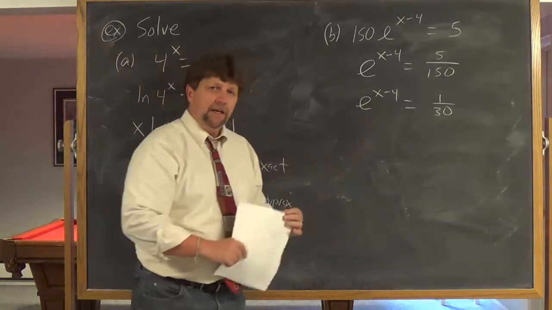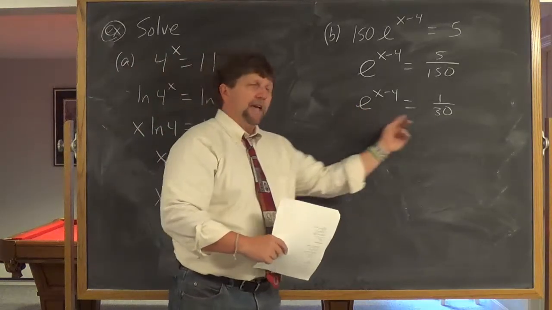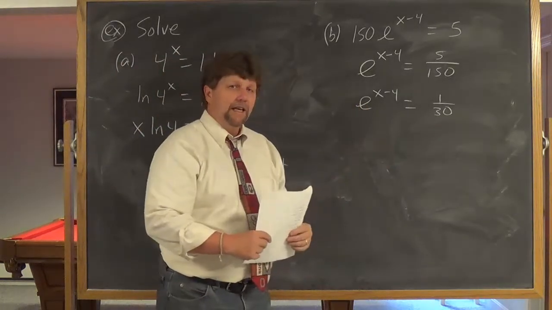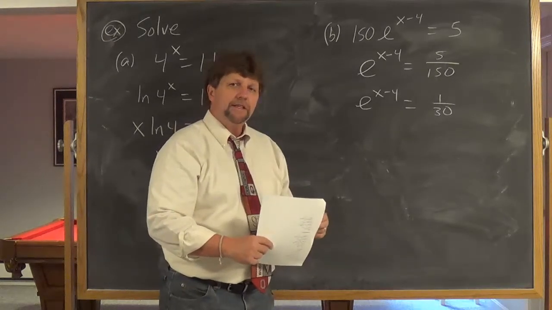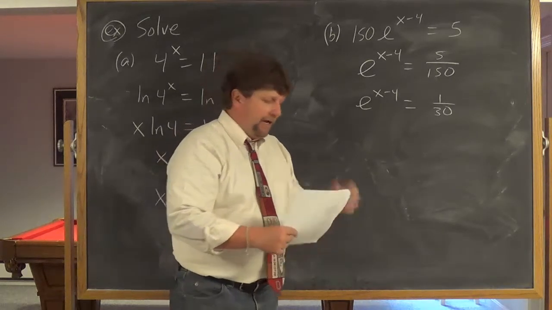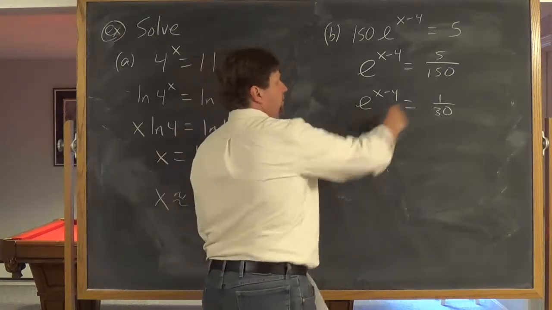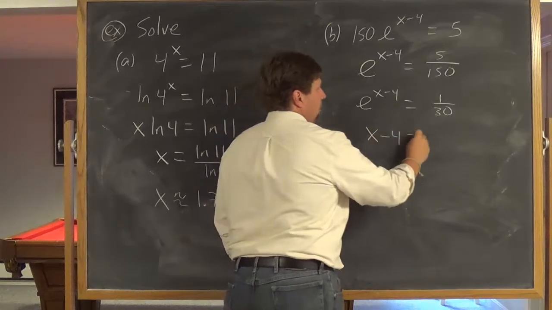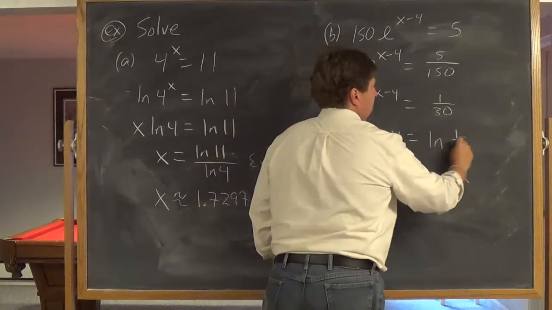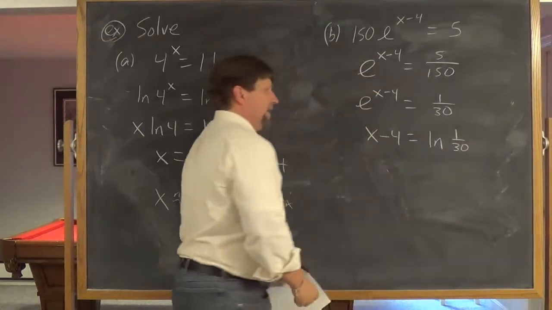That's what I'm seeing here. The base of this exponential equation is e. So I should be able to immediately rewrite this into logarithmic form. I should be able to rewrite this as x minus 4 equals the natural log of 1/30.